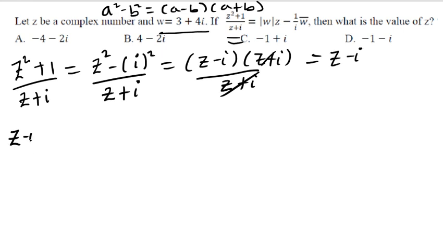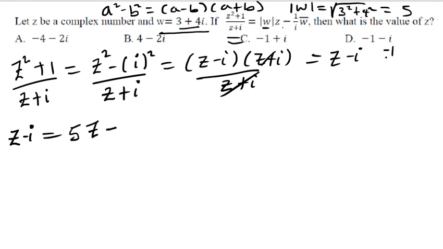So z minus i on the left side is equal to, and don't forget the modulus of W. When you find the modulus of this one, square each, then in the square root, that means 3 squared plus 4 squared, which will be 5. So the modulus of W times z means 5z only, minus negative 1 over i times W conjugate. First of all we can rationalize this by multiplying by negative i over negative i.